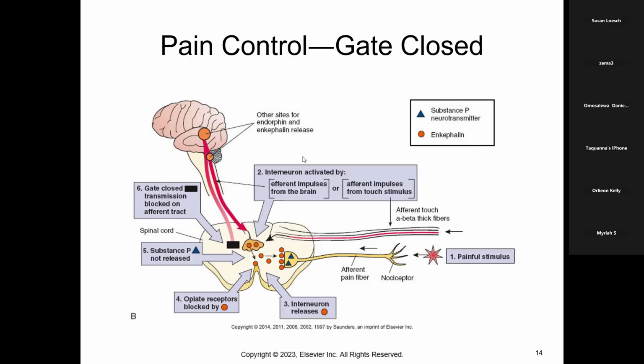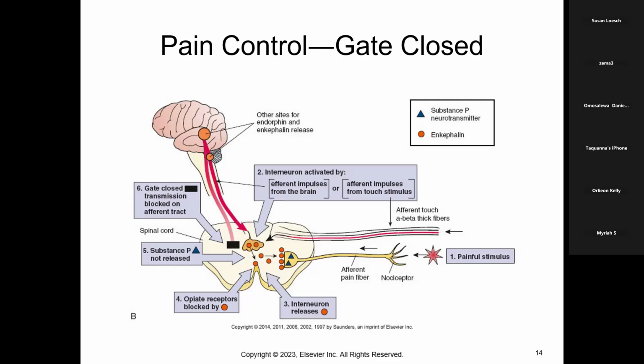Okay. So the interneurons are activated from either the afferent pulse when you touch it, or it could also be activated when the body sends that exit signal back out. Okay. It can trigger the release of them endorphins or those enkephalins. These are like built in, or what we call endogenous morphine.